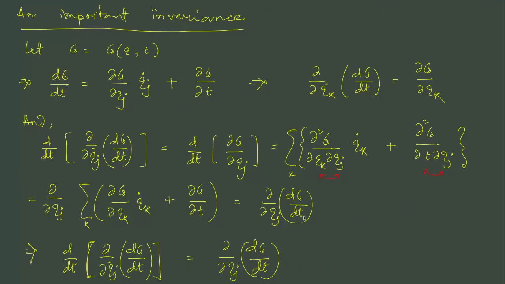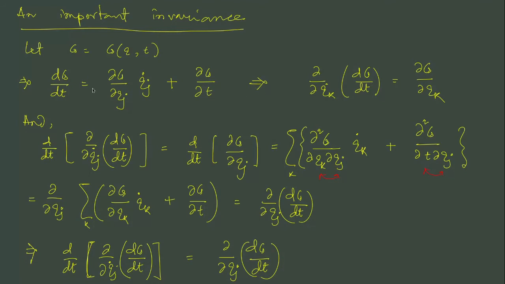An important invariance related to the Euler-Lagrange equation must be mentioned. Suppose we have a function g. G is a function of generalized coordinates and time. And then the total time derivative of g we can write as del g del qj times qj dot plus del g del t. There is a sum over j, which is not written, but it should be there.